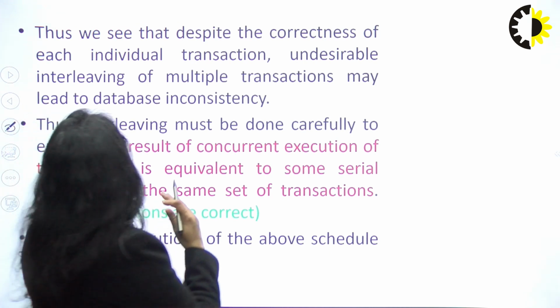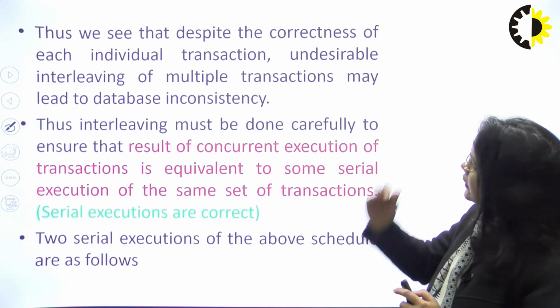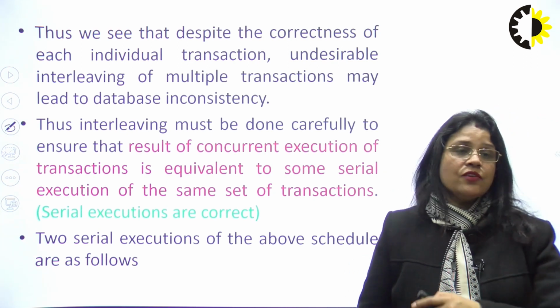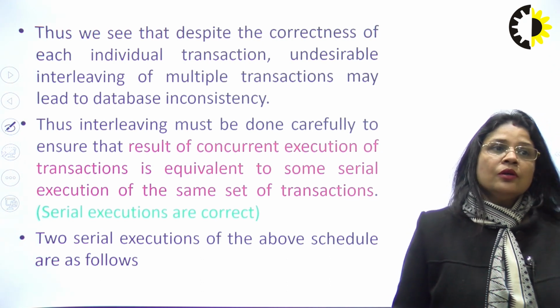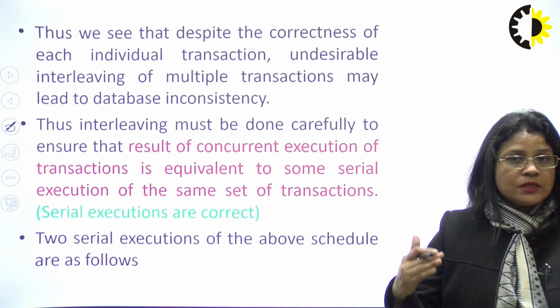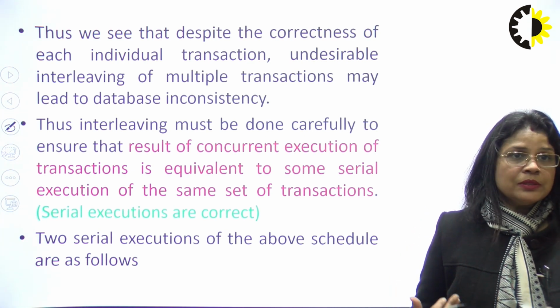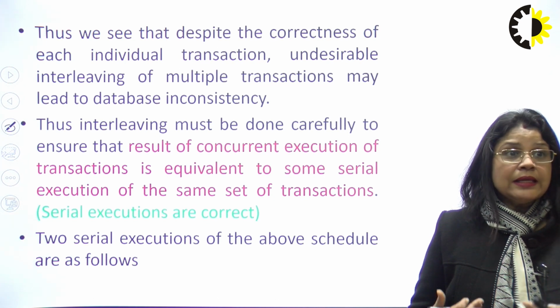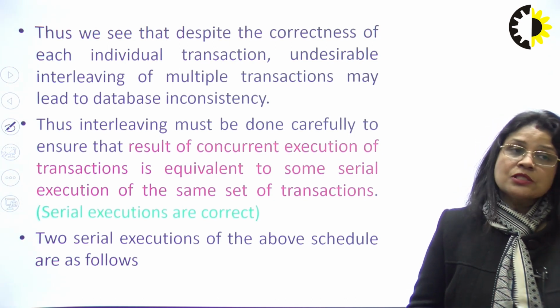Now we see that despite the correctness of each individual transaction, in that particular example, we know each and every operation is perfect, but we are getting an undesirable result, an inconsistent result. So the placement of that particular operation is very important.